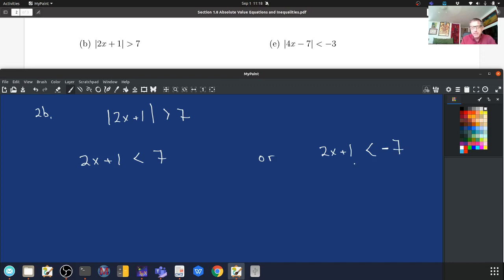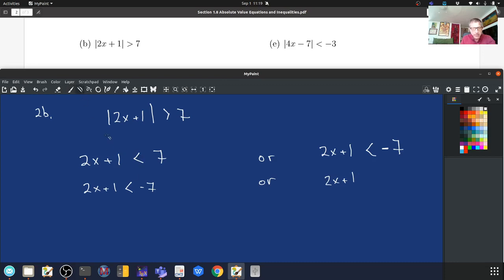Now if you look in the actual ordering of the way I have it written out in row number 3, I have 2x plus 1 is less than minus 7, or 2x plus 1 is, that's wrong right there.